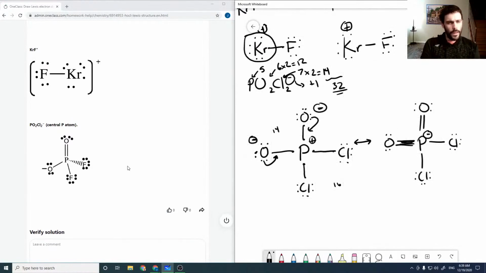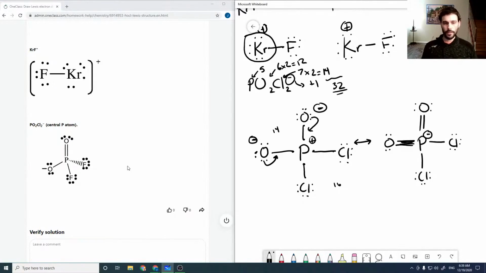And then, the PO2 structure has fluorines instead of chlorines, but that's okay because they basically have the same valence. I think that is a viable structure. I could have drawn that as well.